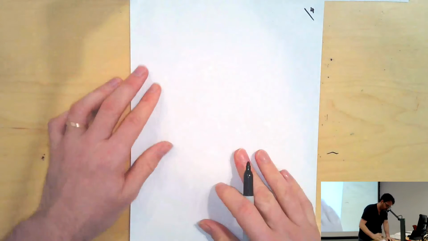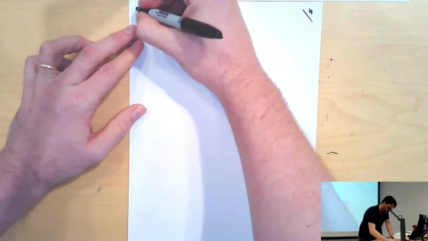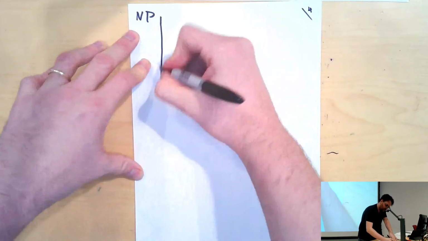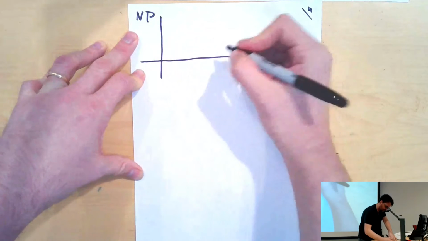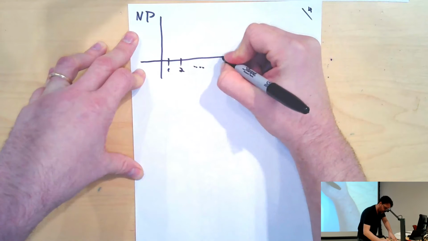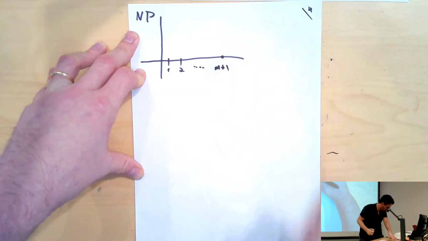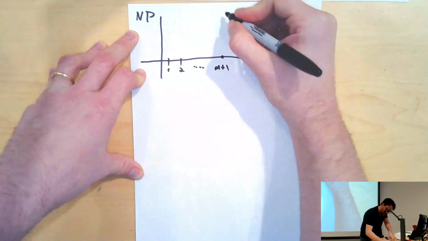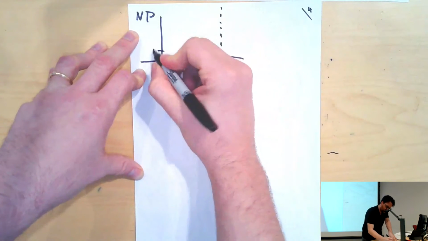Okay, so Newton polygons. How does this work? And then I already know that I care about m plus 1. Okay, let me draw it first.